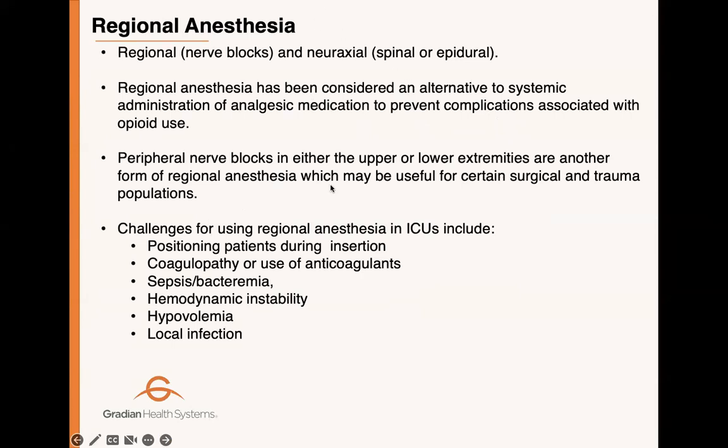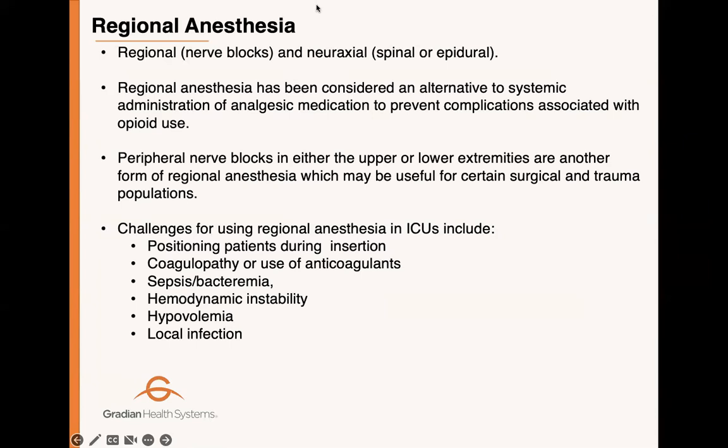So another option that can be used is regional anesthesia. Our patient is hemodynamically unstable with all those issues, and she's post-op and needs adequate pain control. This patient is on the WHO ladder, and she will have a very severe form of pain.